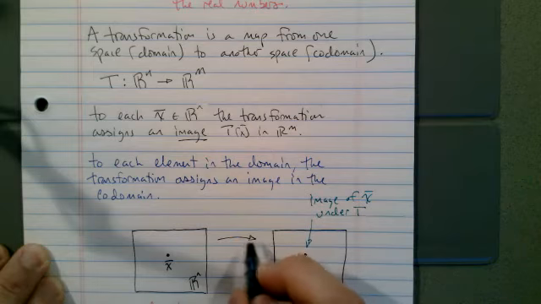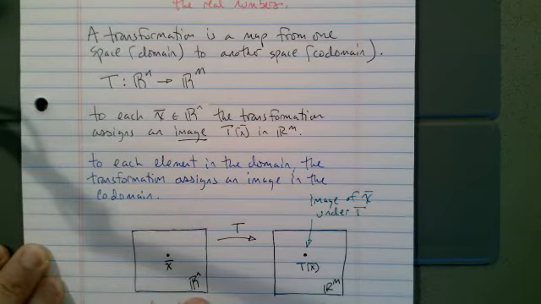We put an arrow here and say T takes x in Rn and produces vectors in Rm.